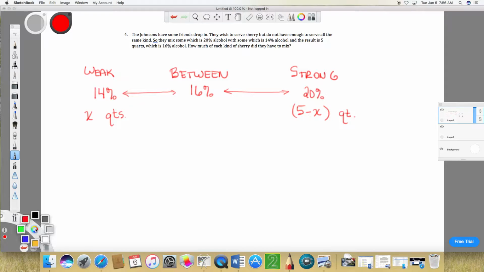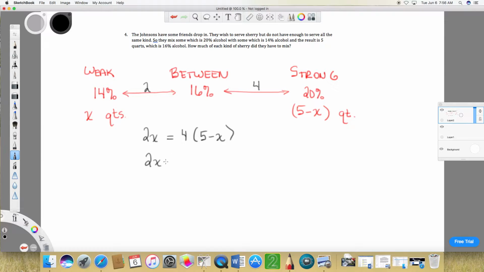So let's do that. 16 minus 14 is 2. 20 minus 16 is 4. And now the weights we use as the volume. So weight times distance, we have 2x is equal to 4 times 5 minus x. And that's one equation and one unknown, and we can solve for x.